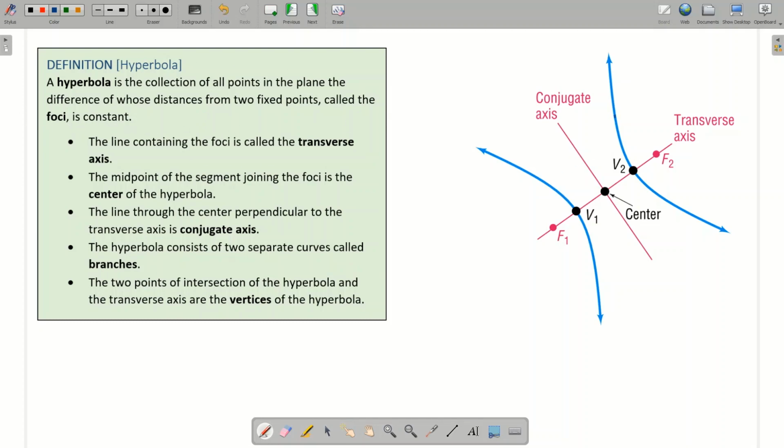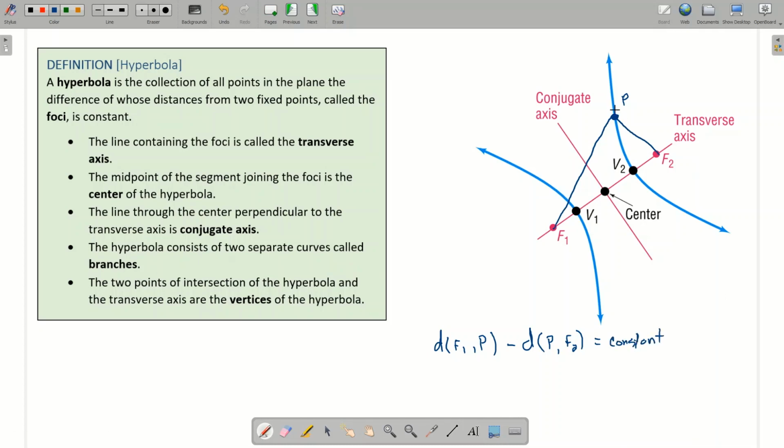Well, imagine we take a point that we say is on the hyperbola. We then find the distance between the focus and that point, let's call it P, and then we find the distance between P and the other focus. If we subtract those two, the way we'll write that is the distance between F1 and P minus the distance between P and F2, that's always some constant, some number that doesn't change.